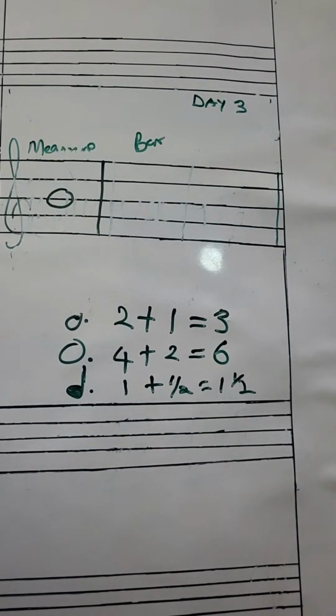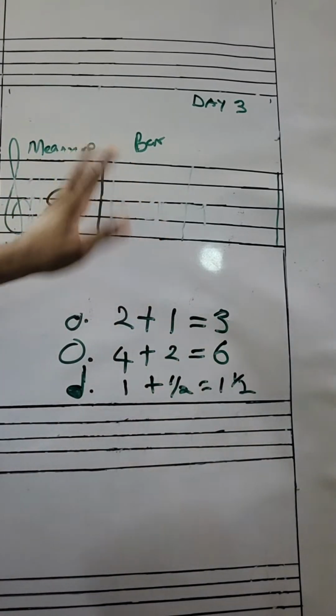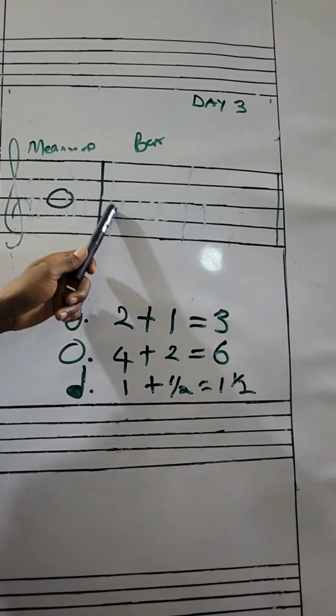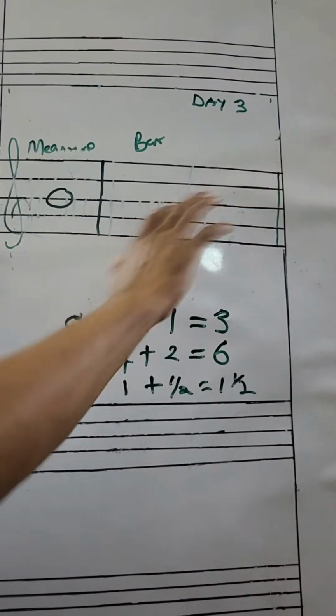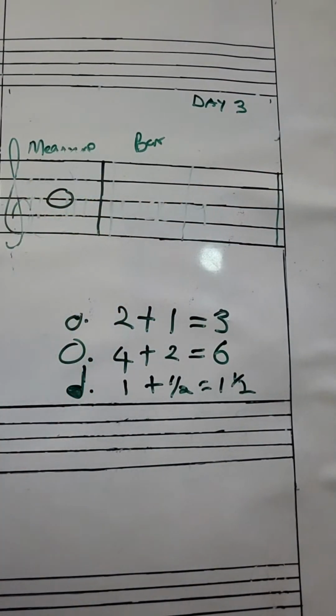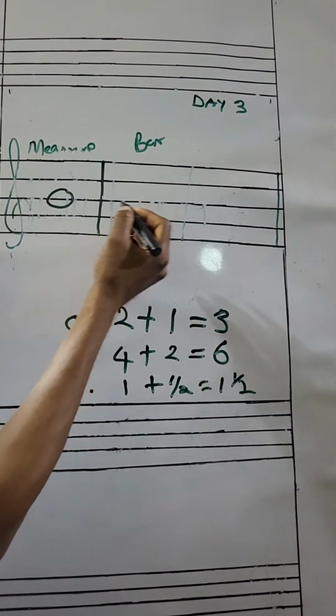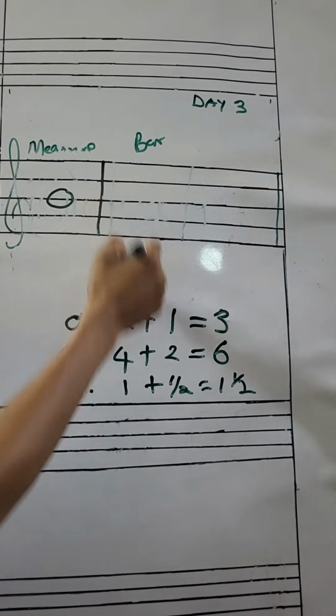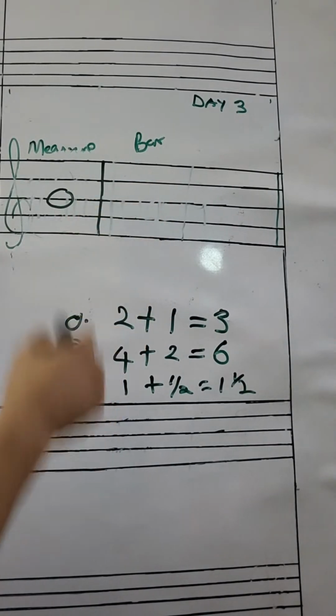Now, this is how to write your notes. If a note is placed on the 3rd line, you have liberty to bring the stems either down or up, if it has a stem. But if it is a single note on the bar, you are not sharing any notes. If you see what I did yesterday, my stems were going up.